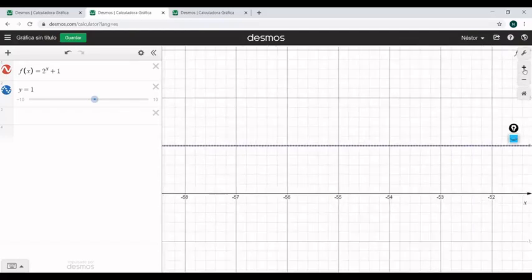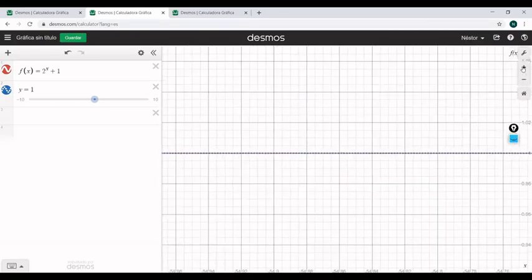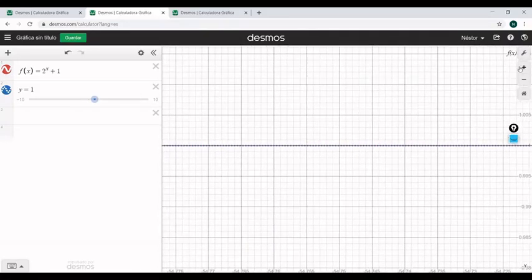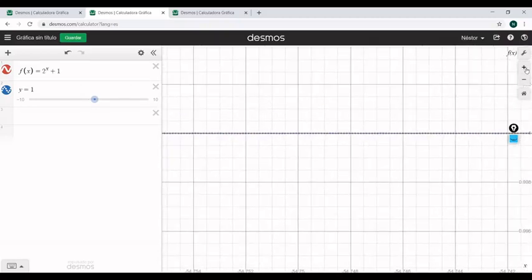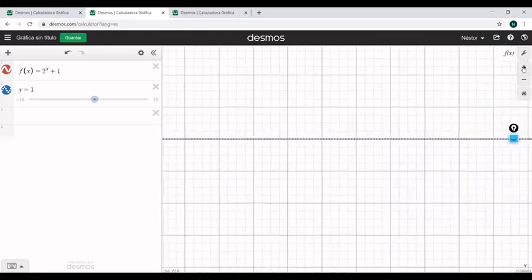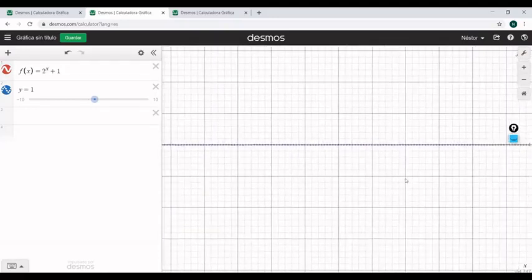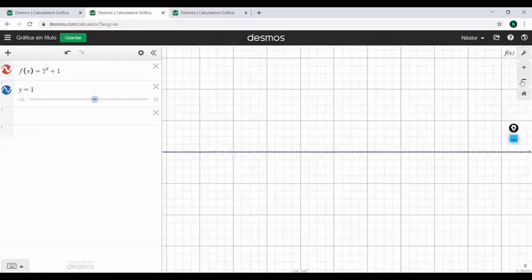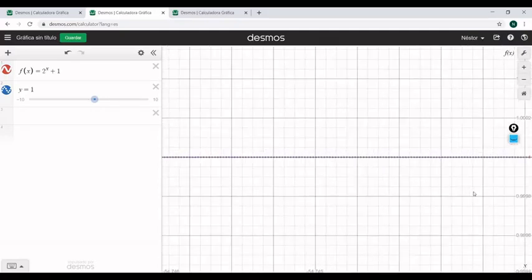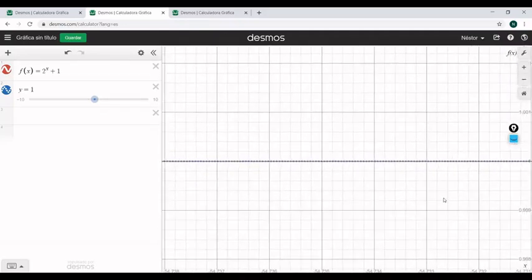If you zoom in, I think the software is not giving me this. It doesn't have that much power. Obviously computers don't have infinite resolution, but let's see at what point it starts to give me a difference.